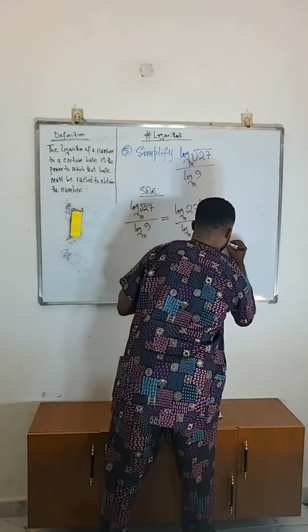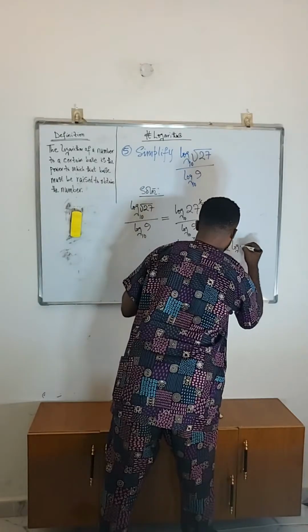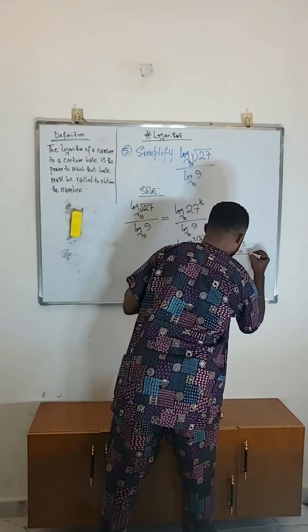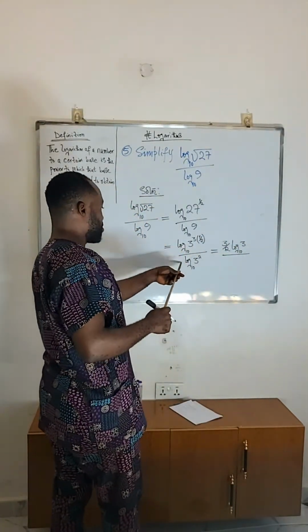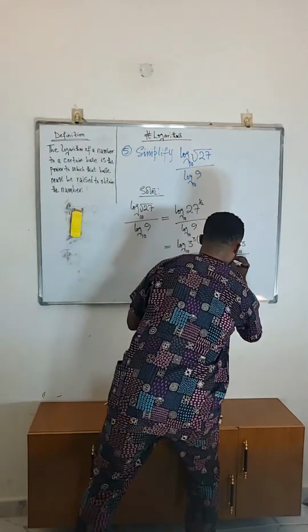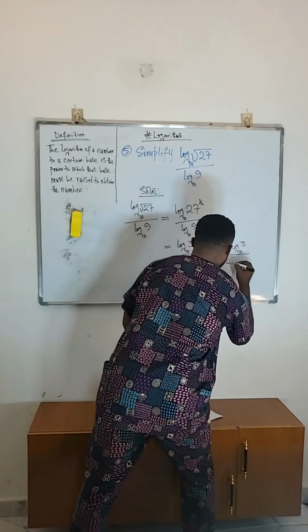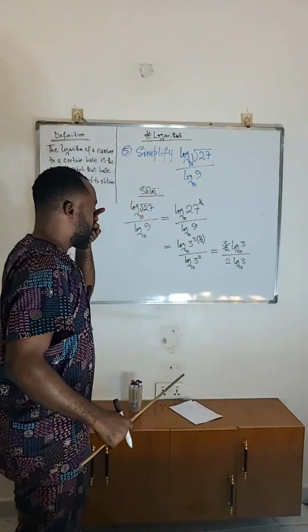So we are going to have 3 over 2 log 3 in base 10 all over, here the power is 2. So the power is going to come here. The next step, that will be 2 log 3 in base 10. All right.